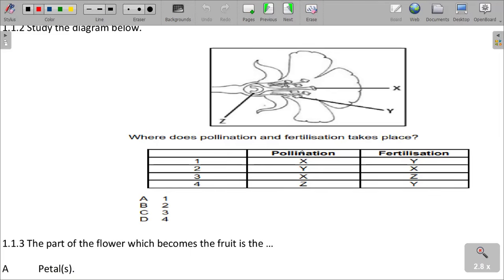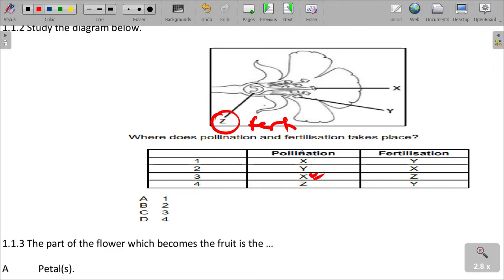It has to be X where pollination occurs, and then we have fertilization occurring. Fertilization occurs in the ovules, which is Z.